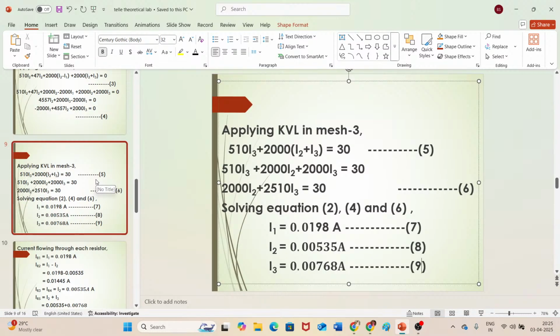Now we have determined the loop currents. Therefore, now we can start determining the voltage drop across each resistor to verify the Tellegen's theorem. So let us proceed.